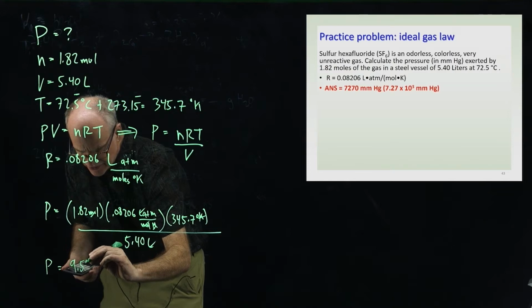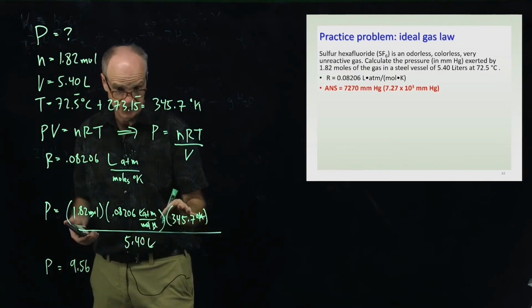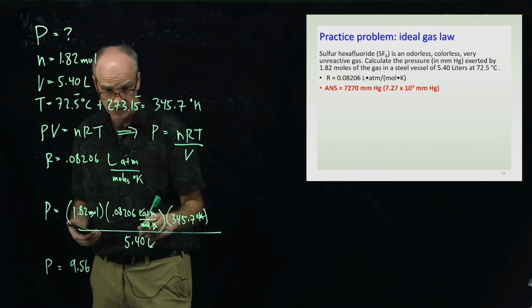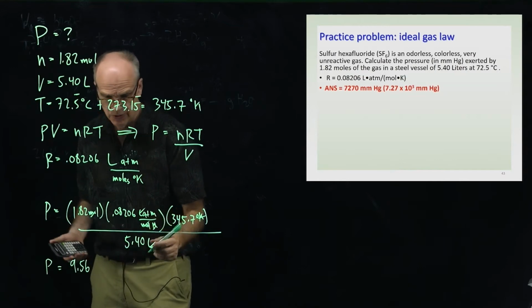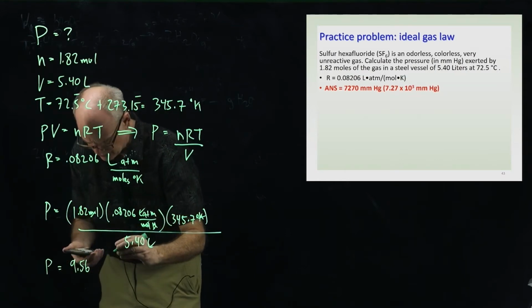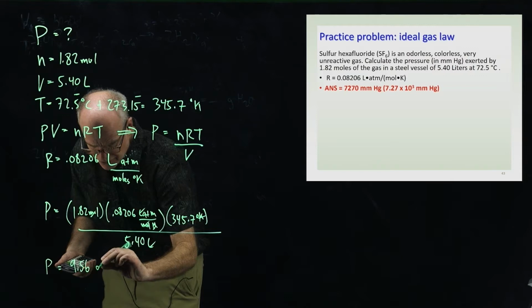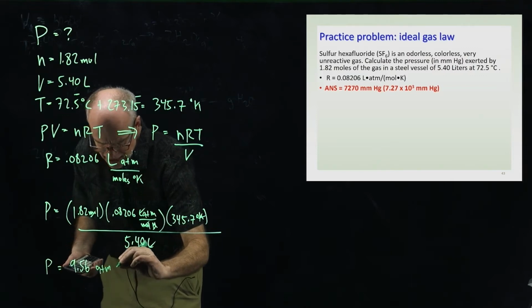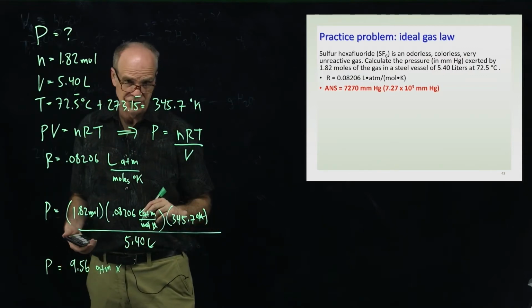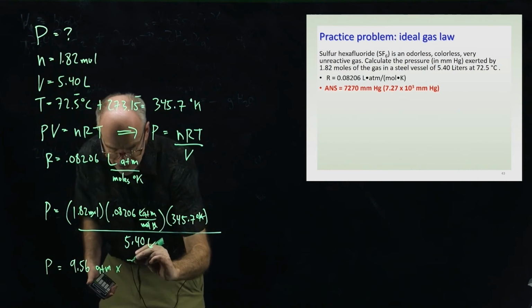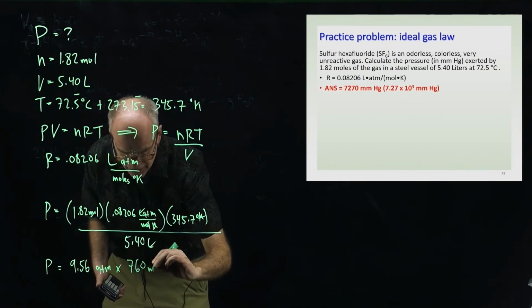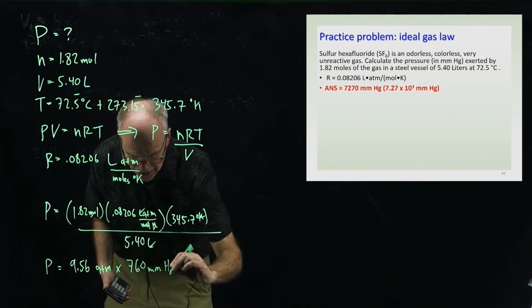9.56. I'm going to round this to the correct number of significant figures at this point, because that's what the book does after you plug numbers into the equation. It should be 3 significant figures, so I get 9.56 atmospheres. Now that's not the answer. We really had to convert this into millimeters of mercury. So I'm going to multiply it by 760 millimeters of mercury over 1.0 atmosphere.